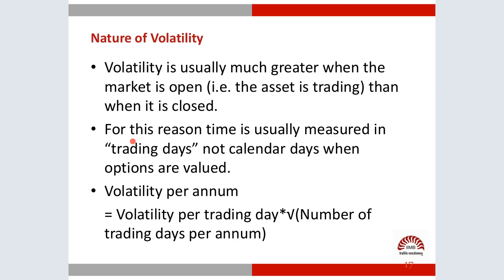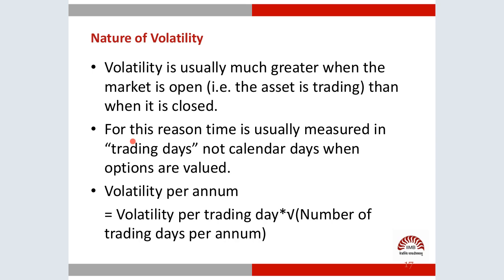Some days there will be no trading, for example on the weekend, when markets are closed. Calendar days include the weekend, but trading days don't include the weekend or holidays. So it is typically measured in trading days and not in calendar days when options are valued.